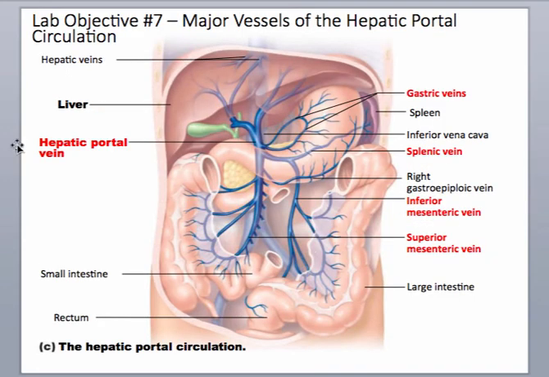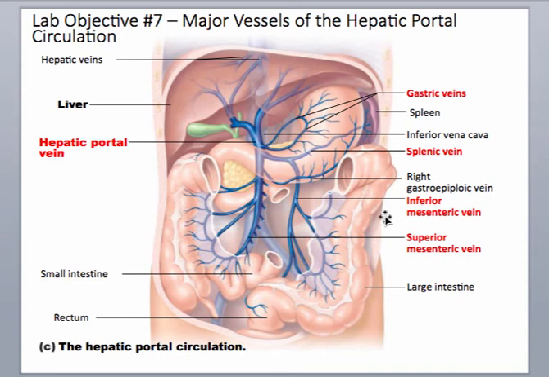Lastly, if we look at the actual hepatic portal circulation, again, a portal is a separate blood circulation that's bypassing the normal and main circulatory system. So there's a lot of vessels listed here, but the ones I have in red indicate the ones on your sheet.